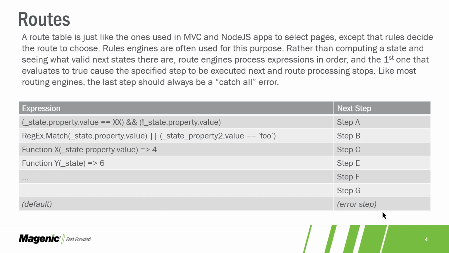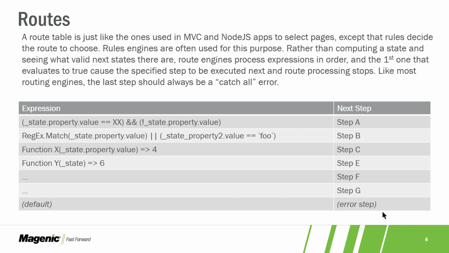And typically the routes are executed in a deterministic order, and the first set of expressions that match result in that step being taken, and the route processing stops and the execution of the designated step starts. In this case, you can see a bunch of different expression types, but they all evaluate to a Boolean of some kind. In other words, if it's false, we're going to fall through to the next route and try to evaluate that. If it's true, we're going to go to the instruction set for the next step and carry on.